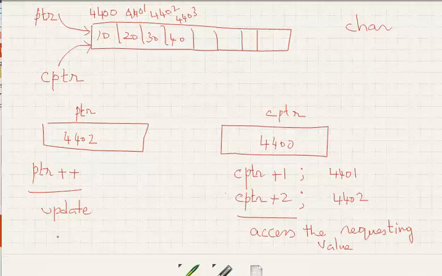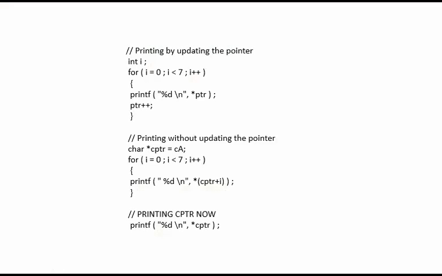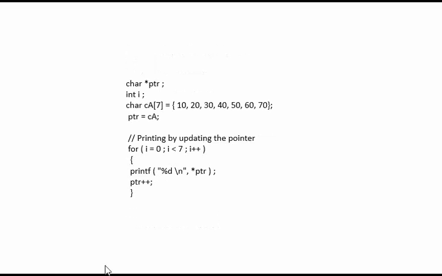So if you go back to the program, here is the program. We have an array. All right. So here in the array, we have 7 elements and a character pointer pointing to the first element, CA, right?